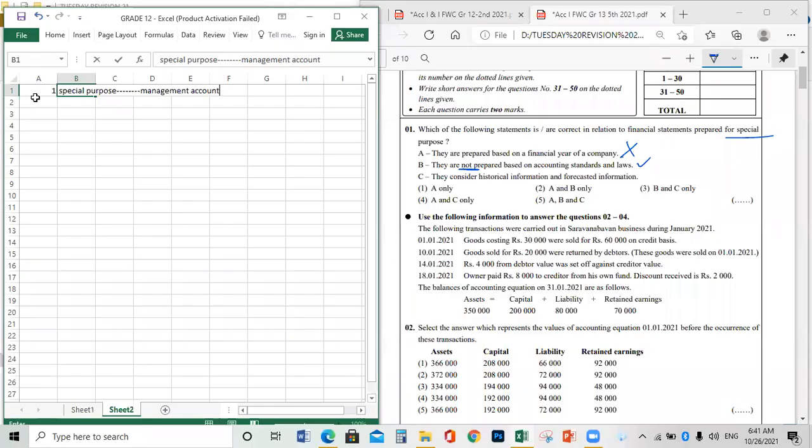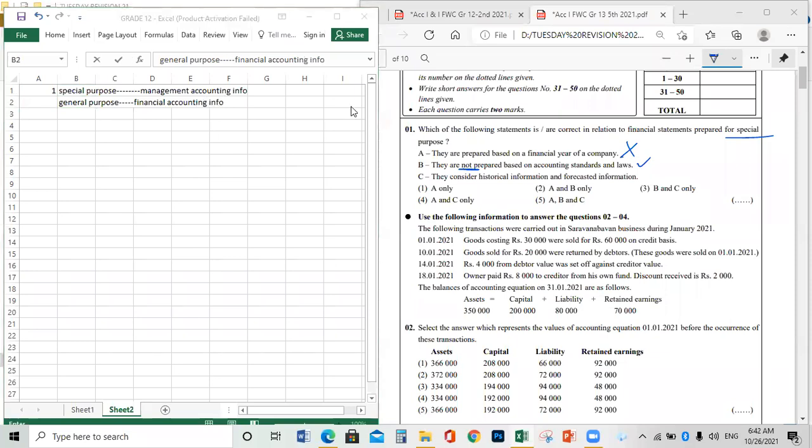When they say general purpose, I want you all to think about financial accounting information. Easily you will get the correct answer. Okay, so please make sure you do like that.